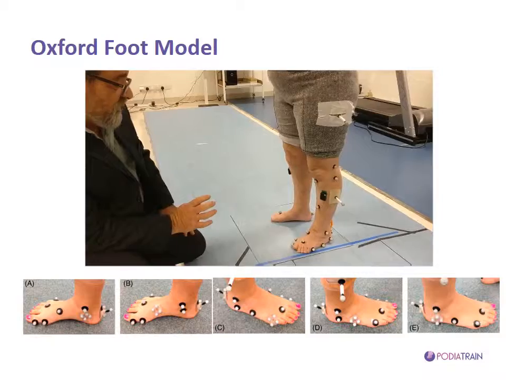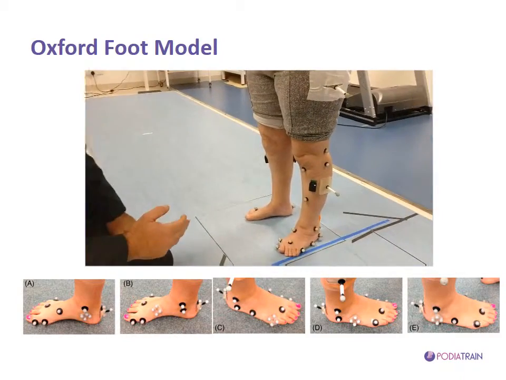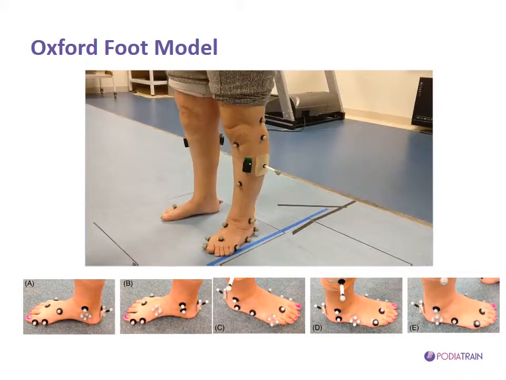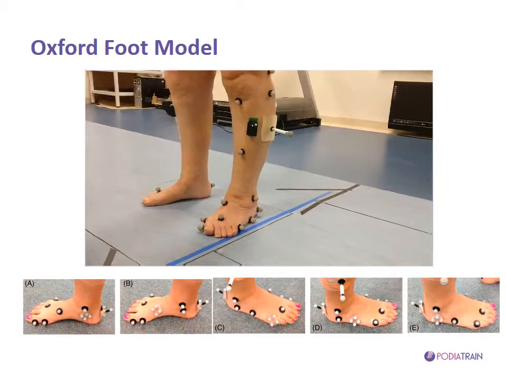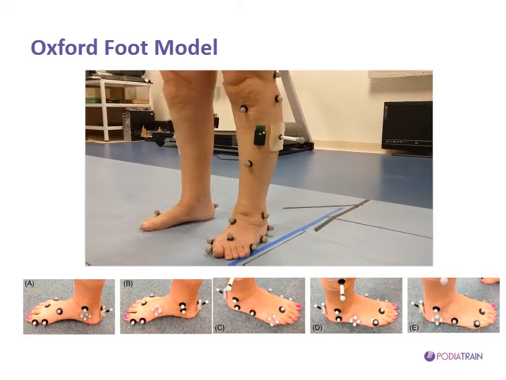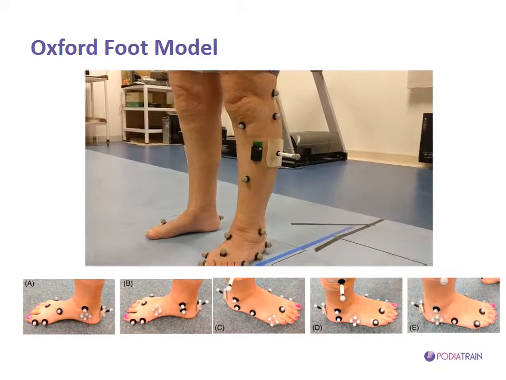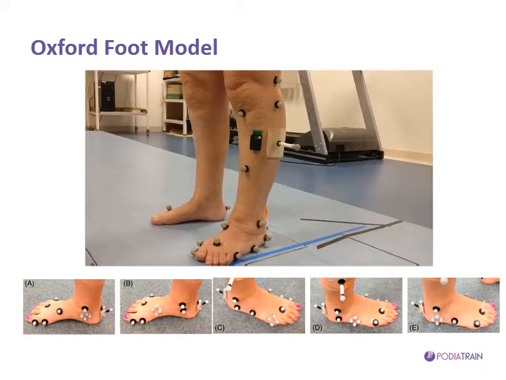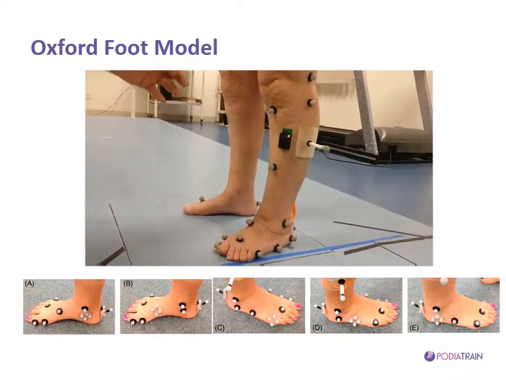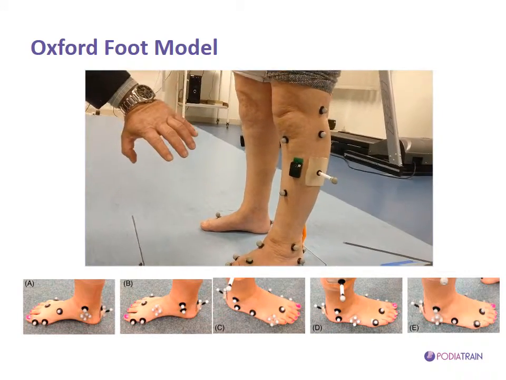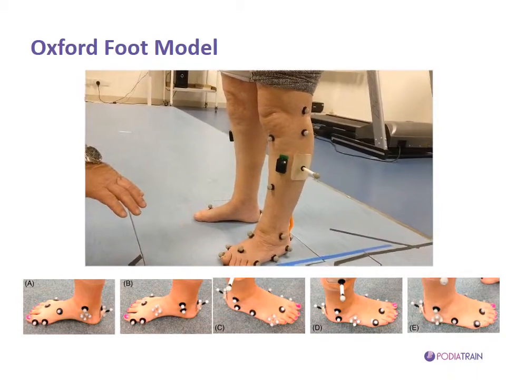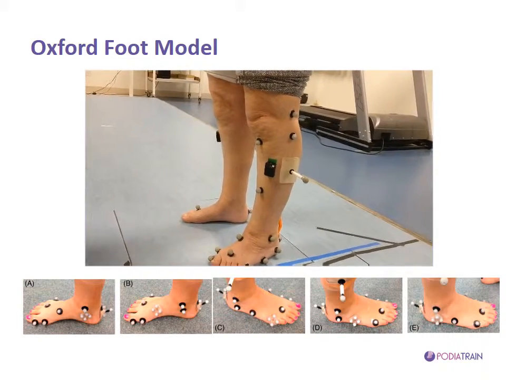That is because, as we know, the foot has many segments and segmental motion is quite difficult to track and analyze. So the Oxford foot model is one particular model that represents and captures motion in the calcaneus, in the forefoot, and the hallux, also in relation to the shin.